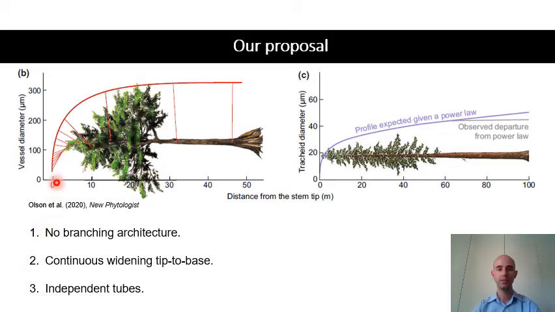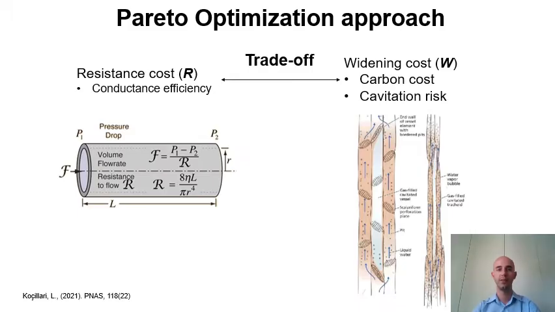In the cartoon, you can see a pair of examples of the widening profile of the vessel diameter as a function of the distance from the stem tip.